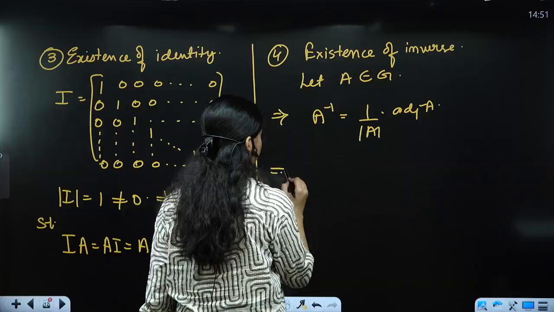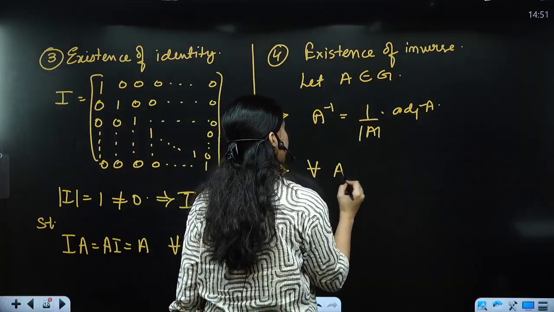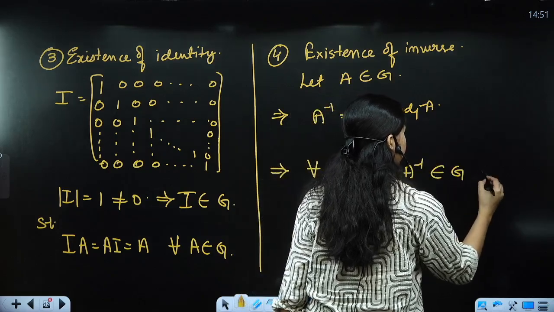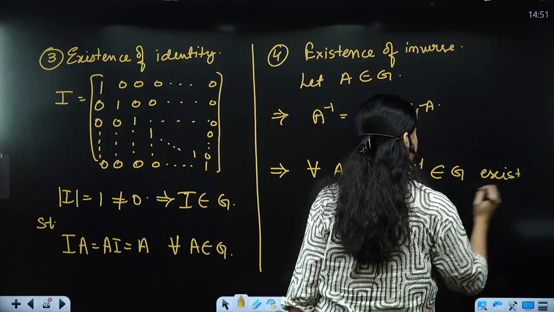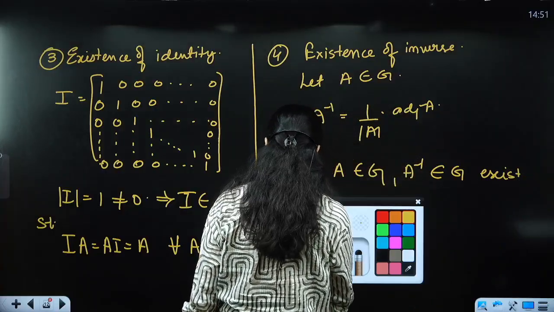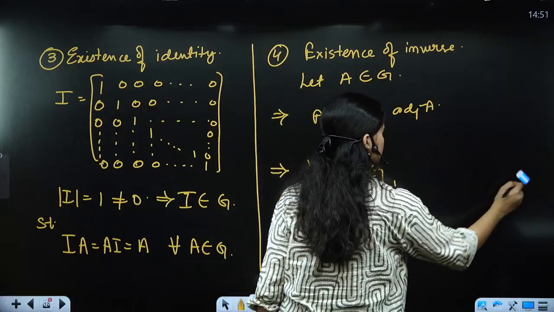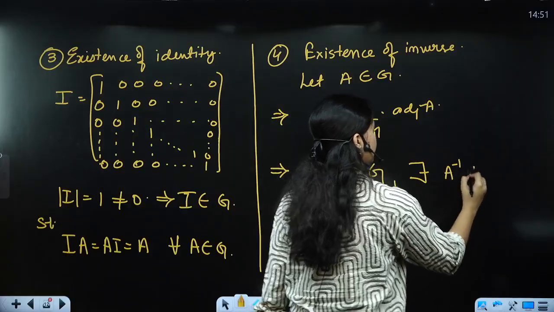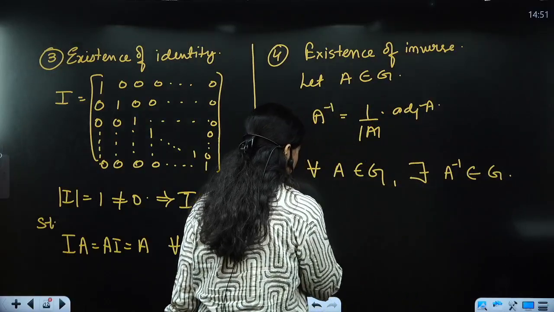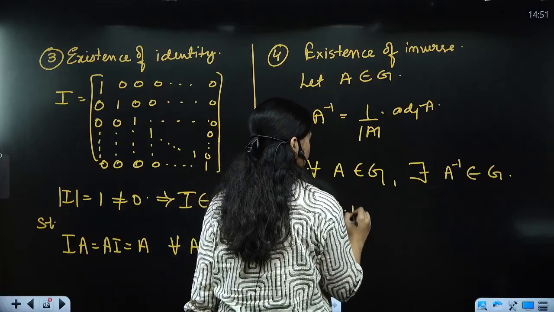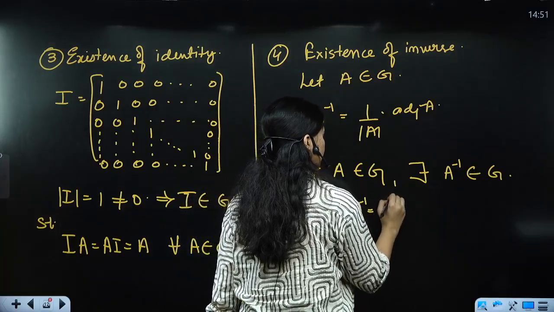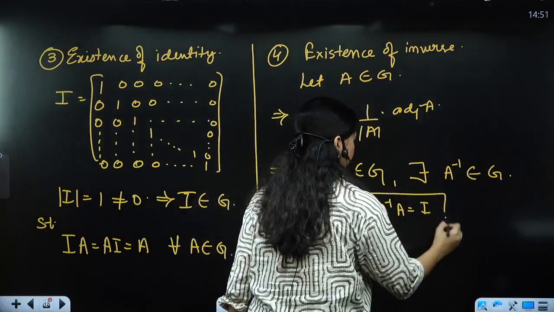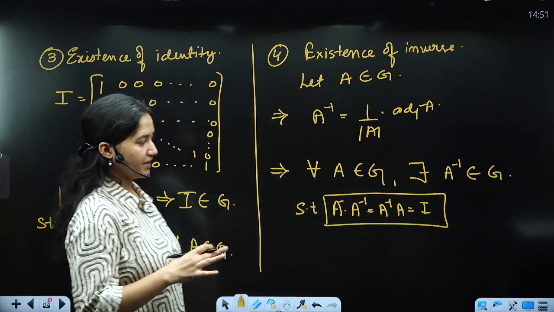So this implies that for all A belonging to G, A inverse belongs to G exists, or you can write here: there exists A inverse belonging to G such that A dot A inverse equals A inverse A equals I, which is the identity element for this matrix, right?